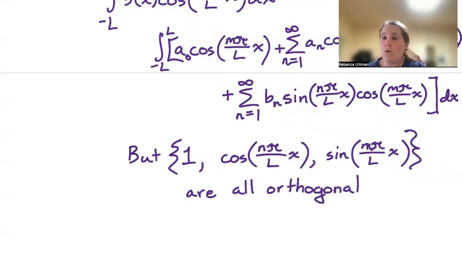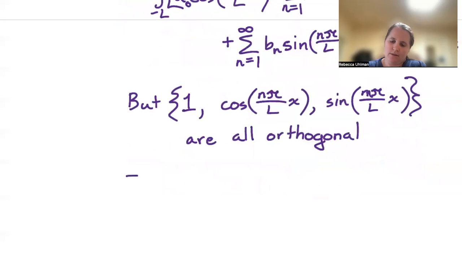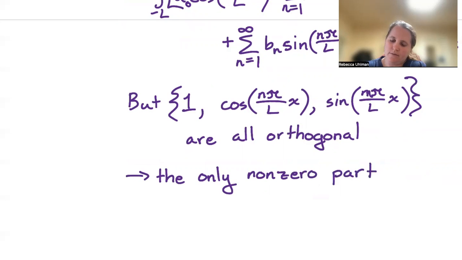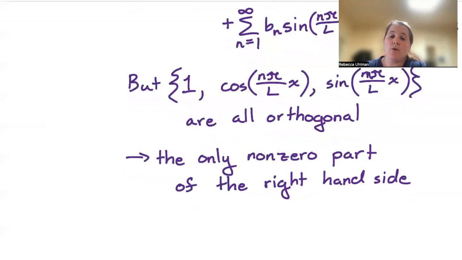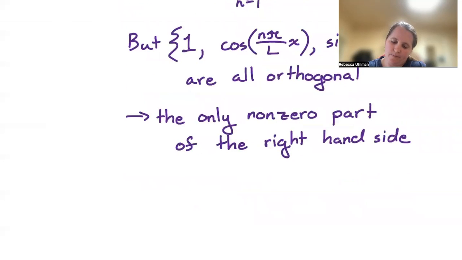So what we get is the only piece that does not go to 0 is the place where n and m are equal. So the only non-zero part of the right-hand side is the cosine term with n equals m.